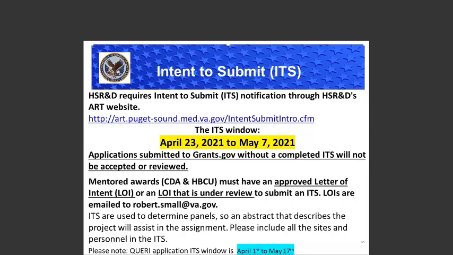If the letter of intent is approved, you can submit an ITS, or if it is under review. But ITS are required for all applications for submissions. If you are submitting to a QUERI project, the ITS window is April 1st to May 17th. Next slide, please.